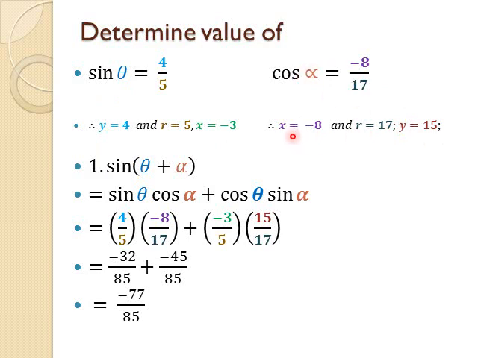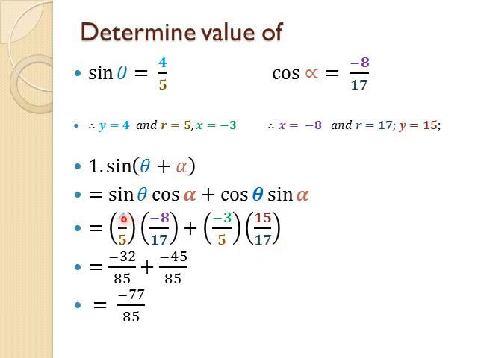Say alpha, I can only use those values. So sine theta we already know is 4 over 5. Cos alpha we already know is minus 8 over 17. Cos theta, x over r, so my x there is minus 3, my r is 5. Sine alpha, from that side there, my y is 15 and my r is 17.